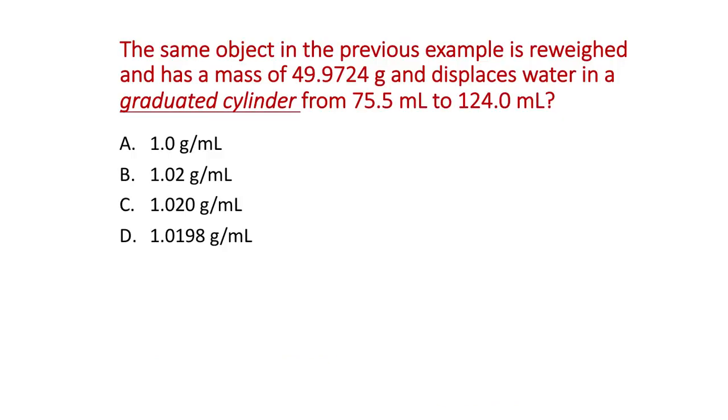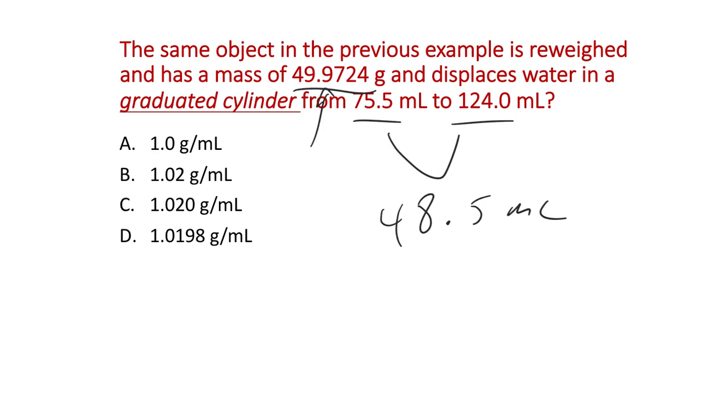If we repeat this experiment with a graduated cylinder, we can more precisely note the before and after volumes of our displacement, and we can also reweigh the object and determine its mass a little more precisely using an analytical balance. So our volume, 124.0 minus 75.5, is now 48.5, with all 3 of those digits being significant.